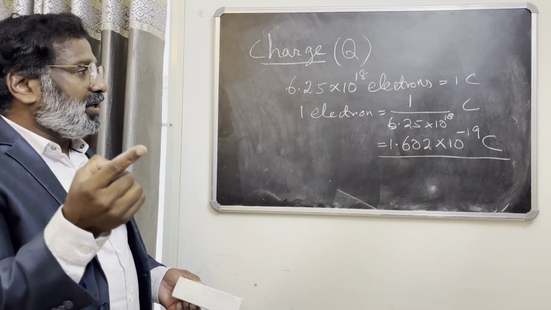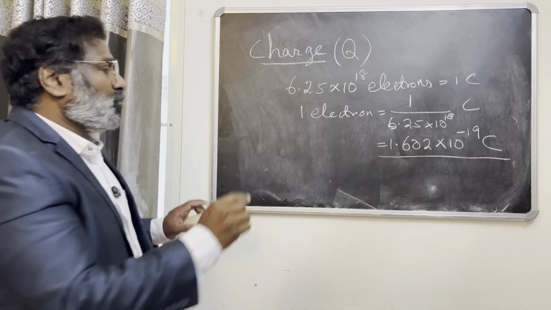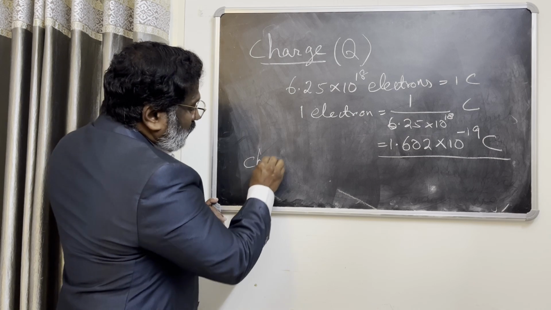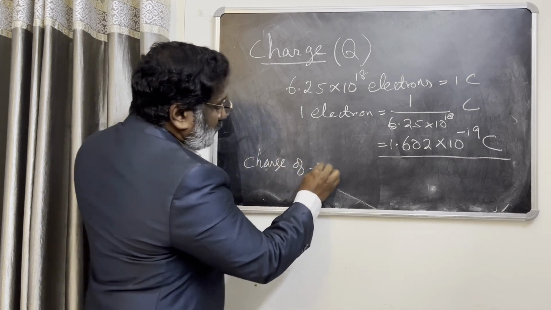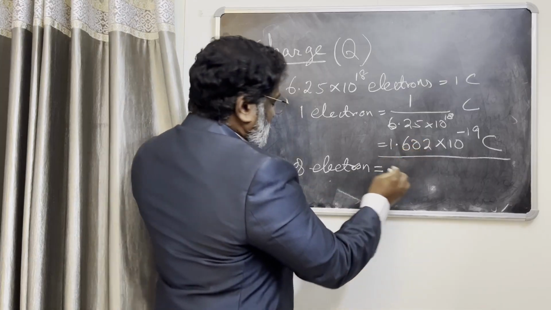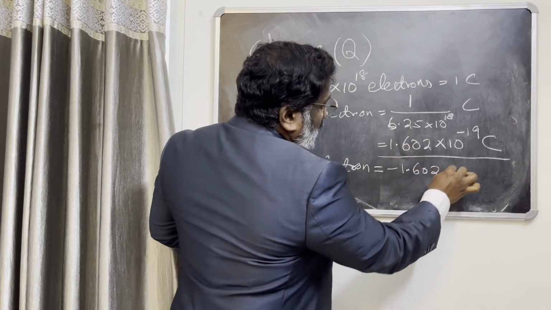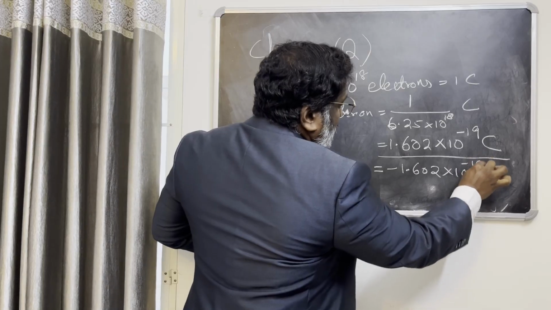But as I told earlier, electrons are negatively charged particles. So, when you write the charge of 1 electron, we should add a minus sign. Charge of an electron is minus 1.602 into 10 power minus 19 Coulomb.